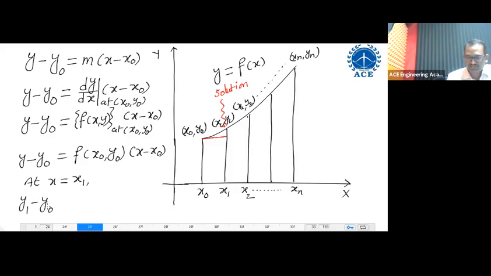y1 minus y0 is equal to f of x0, y0, into x1 minus x0. As we discussed already, x1 minus x0 is the step size denoted by h.